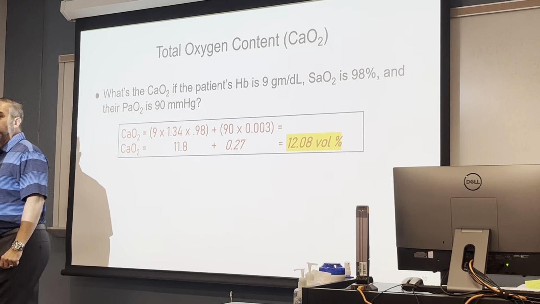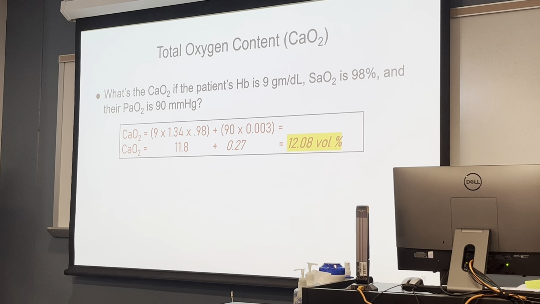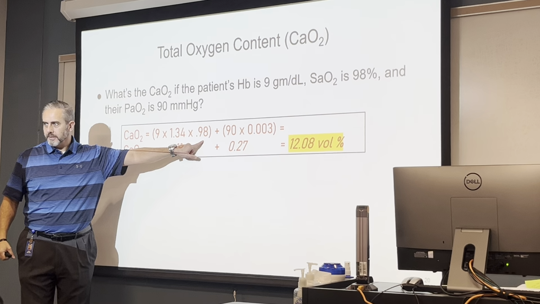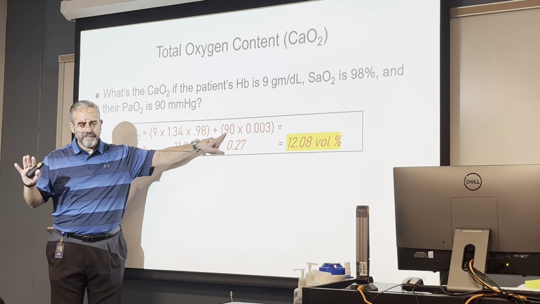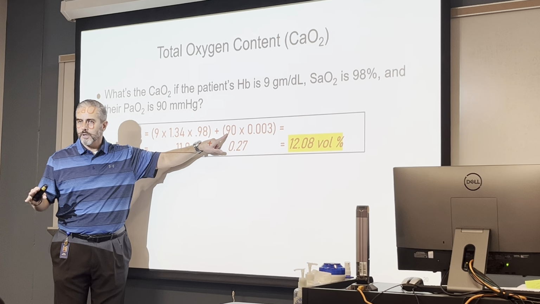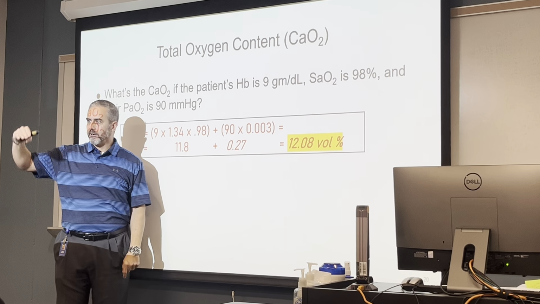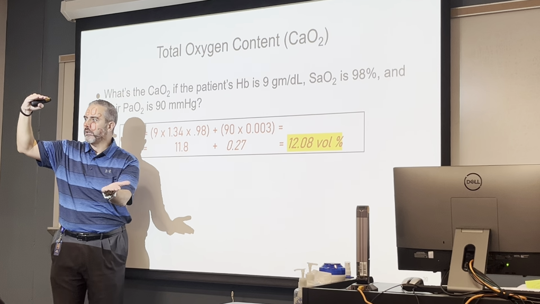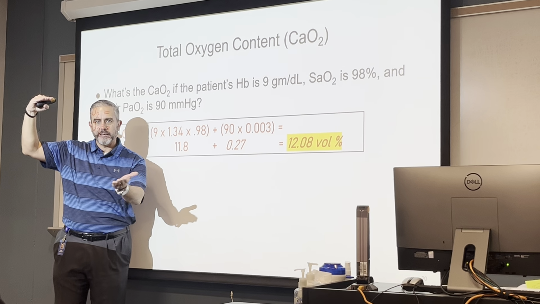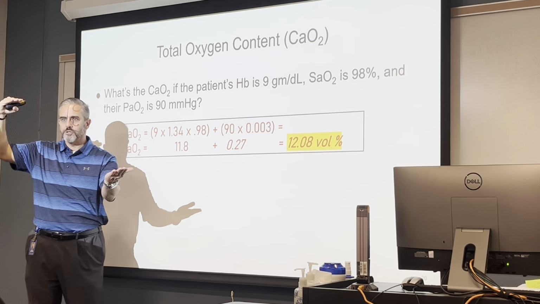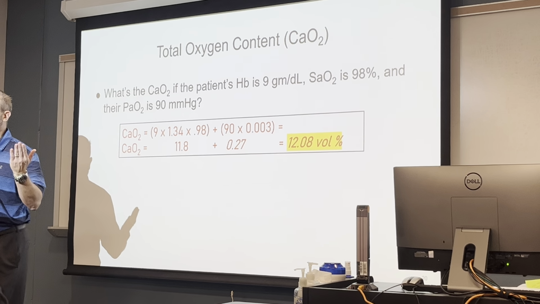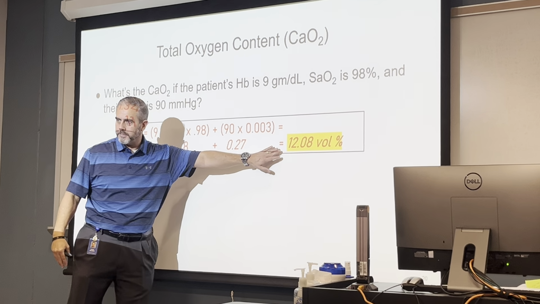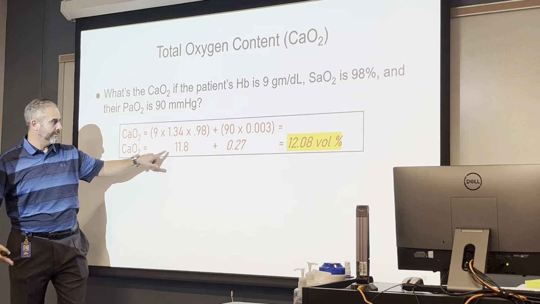So when you're presented with two different patients with the exact same saturation, the exact same P little aO2, but one person's total oxygen content is 20 and the next patient's is 12, no wonder that patient is suffering or so short of breath. Their total oxygen content is significantly reduced from what it should be.